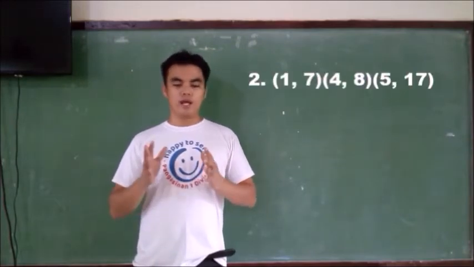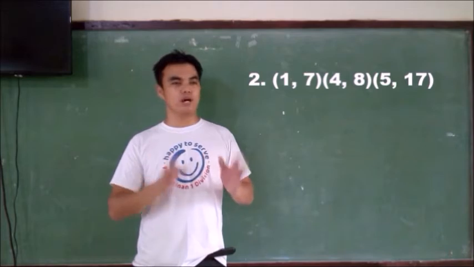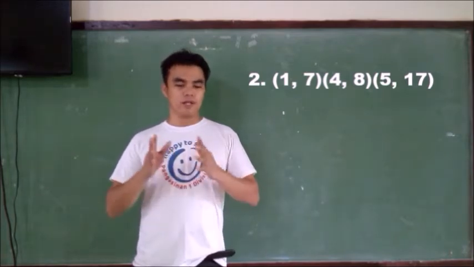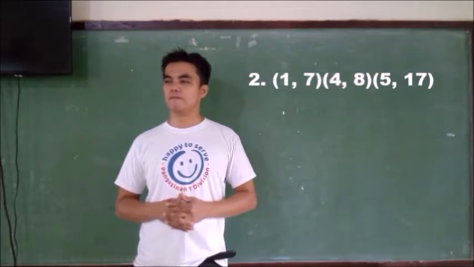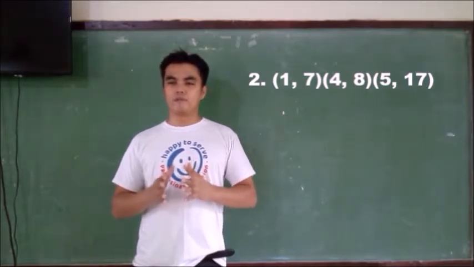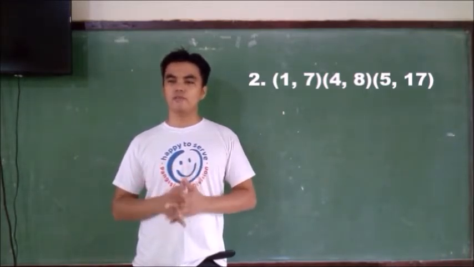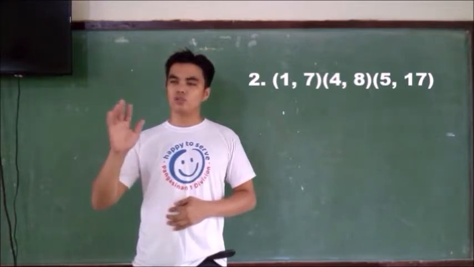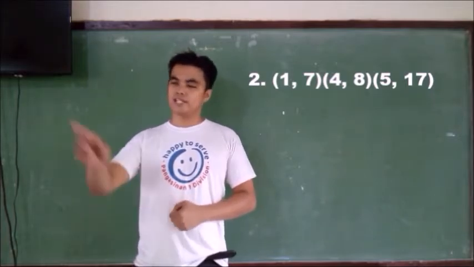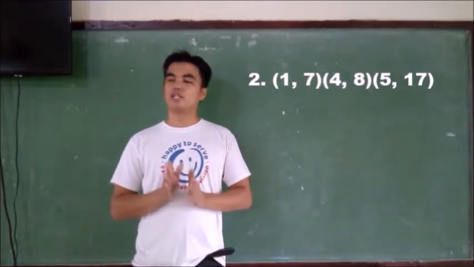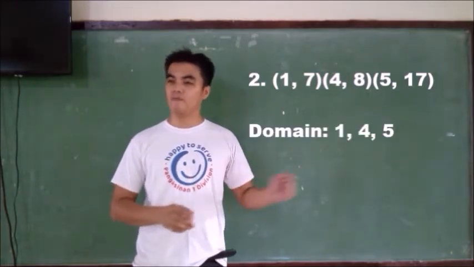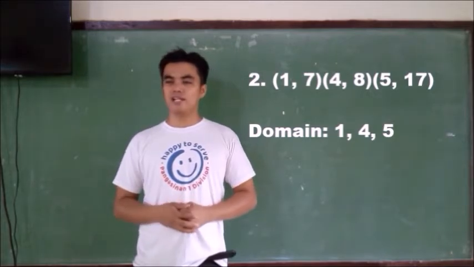Alright, we have a certain relation which is (1, 7), (4, 8), and (5, 17). From this given relation, who can tell me what is our domain? Yes, Andres. Okay, very good. The domain is 1, 4, and 5. How about the range?